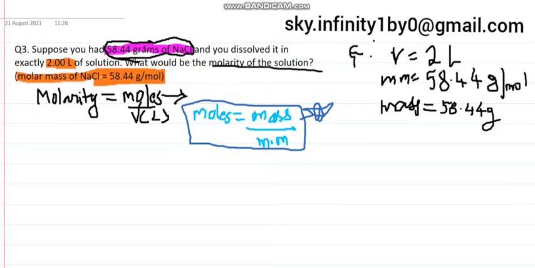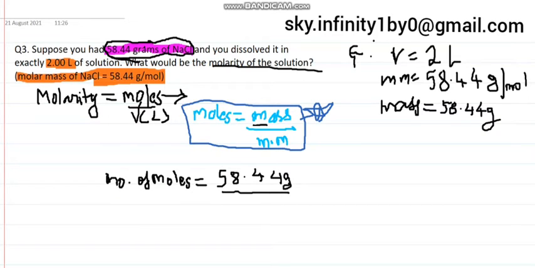First of all, number of moles is equal to the mass. Over here it is given as 58.44 grams, so we write it as 58.44 grams, and the molar mass comes in the denominator, which is also 58.44 grams per mole.